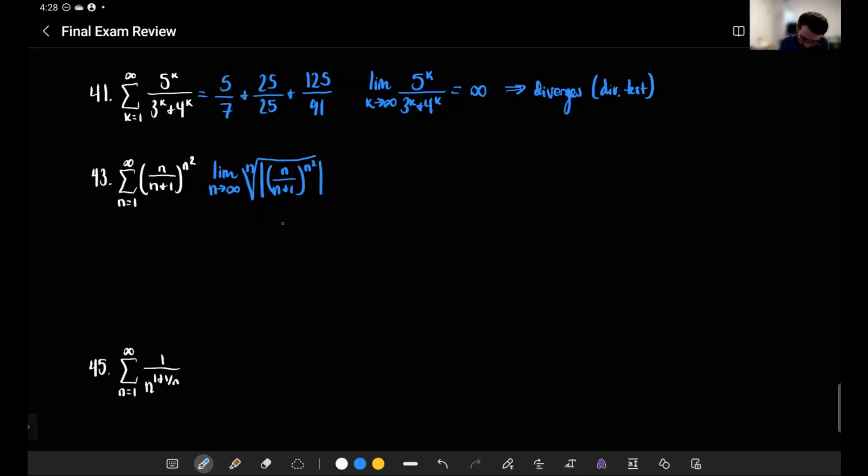The nth root is the 1 over nth power. So the 1 over n and the n squared sort of cancel, and I just get n over n plus 1 to the n.